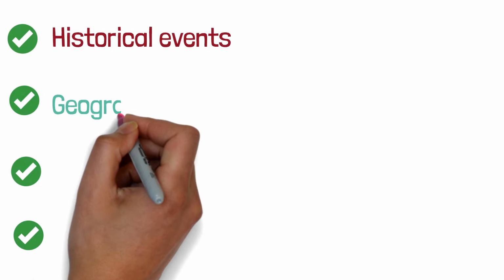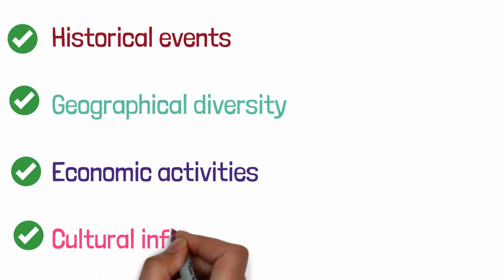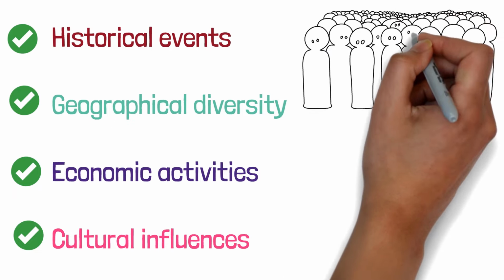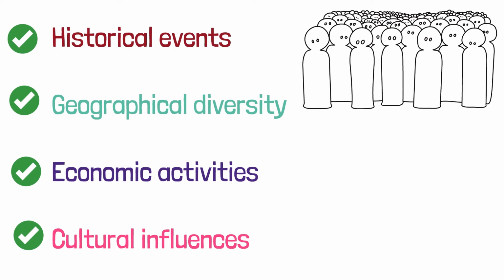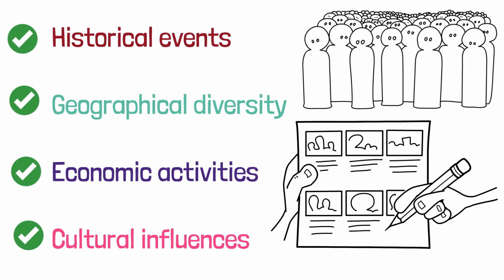In summary, we've seen how historical events, geographical diversity, economic activities, and cultural influences have all played pivotal roles in crafting Mexico's population distribution. It's a complex web of past and present, where each thread weaves a different story. But remember, this isn't a static narrative.